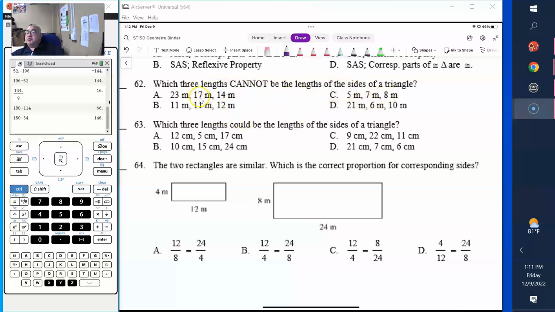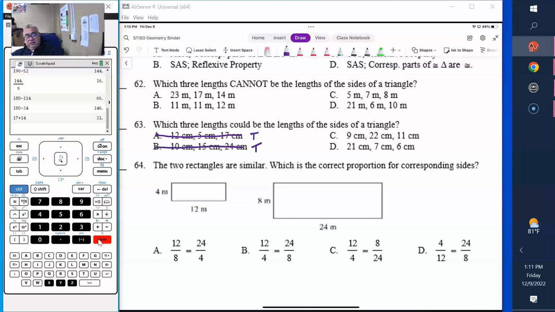Which three lengths cannot be lengths of sides of a triangle? So you have to pick the two shorter sides. So you have 17 plus 14, and they have to be longer than the third. So that one can be a triangle. That's true. 10 plus 15 is 25. So that can make a triangle.